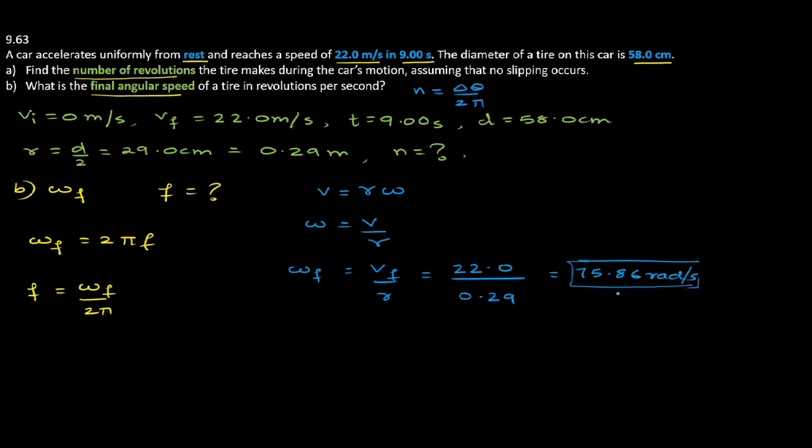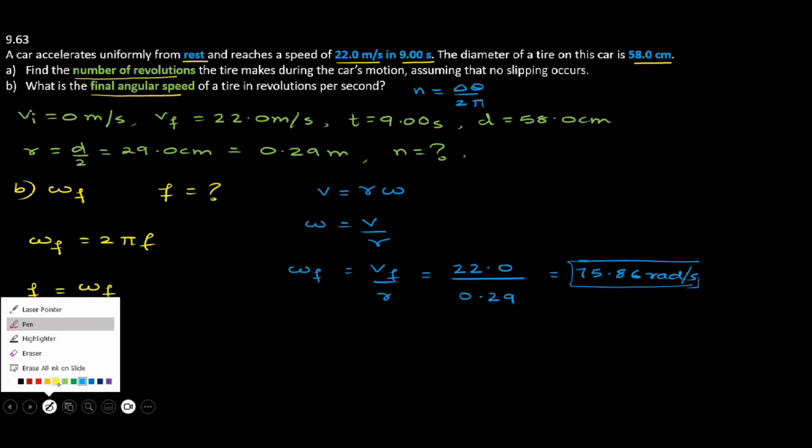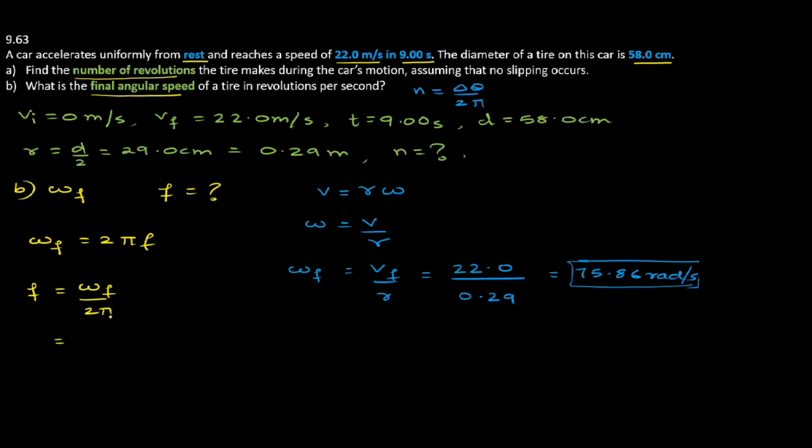Now this is your angular speed in radian per second, and I need to find the speed in revolution per second. So I will find that angular speed in revolution per second by dividing this angular speed in radian per second by 2 pi. Omega final in radian per second is 75.86. Divide this by 2 pi.